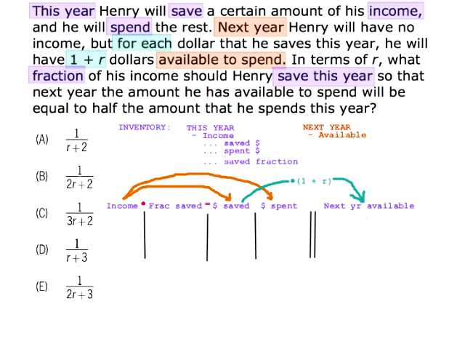Okay, there's a goal. The goal is what fraction? So this is the thing that I want. And this is the last thing. The amount he has available to spend, that's this thing, will be half of this.